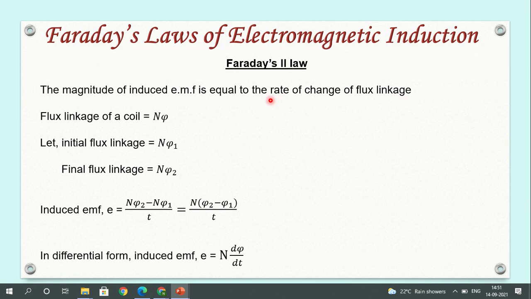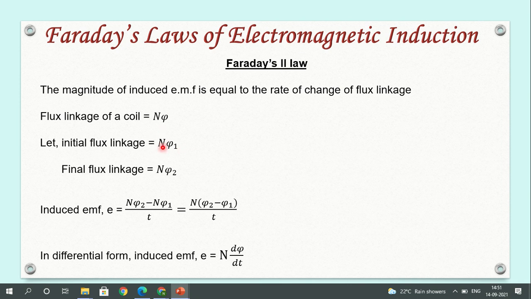According to Faraday's second law, the magnitude of induced EMF is equal to the rate of change of flux linkage. Rate of change of a quantity means change in the quantity divided by time. Suppose the initial flux linkage of the coil is n into phi1.